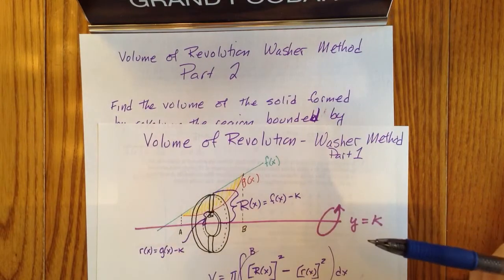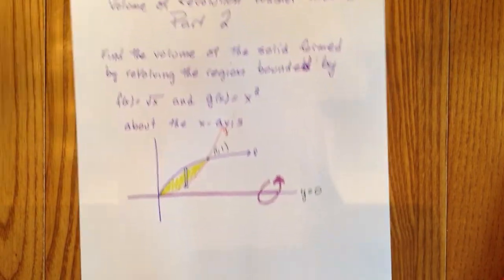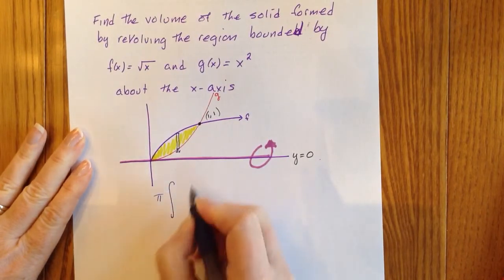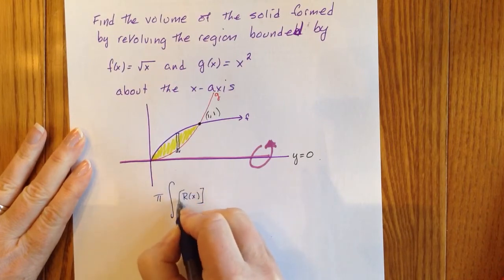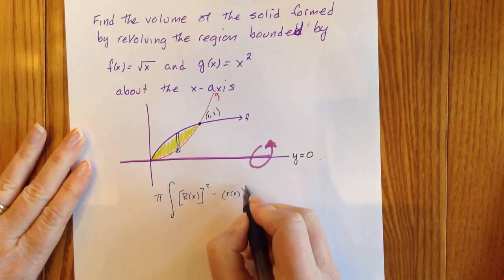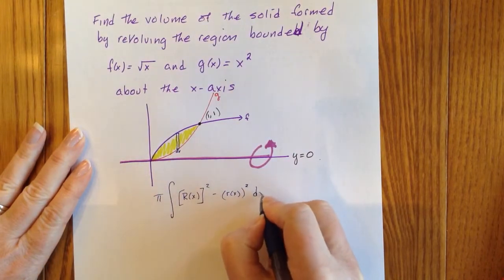All right? So we learned from video part 1 that we are looking for an outer radius squared minus an inner radius squared with respect to x. That's dx. You need that there.